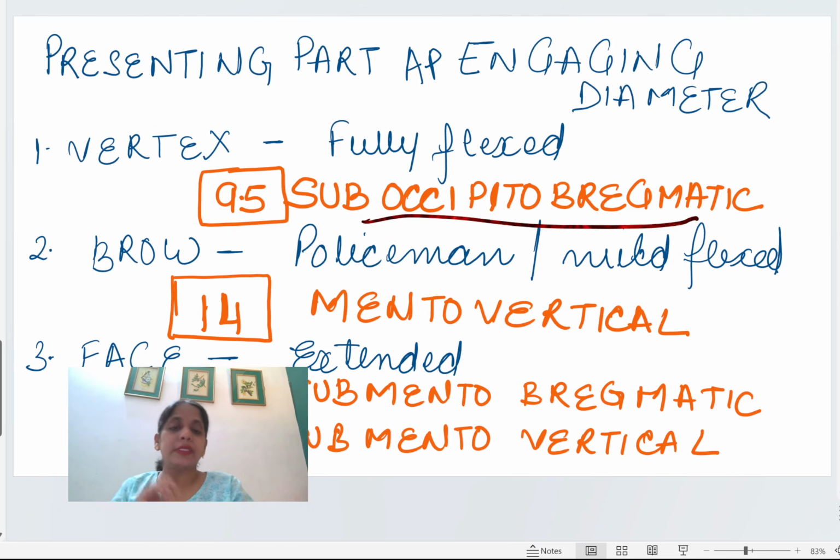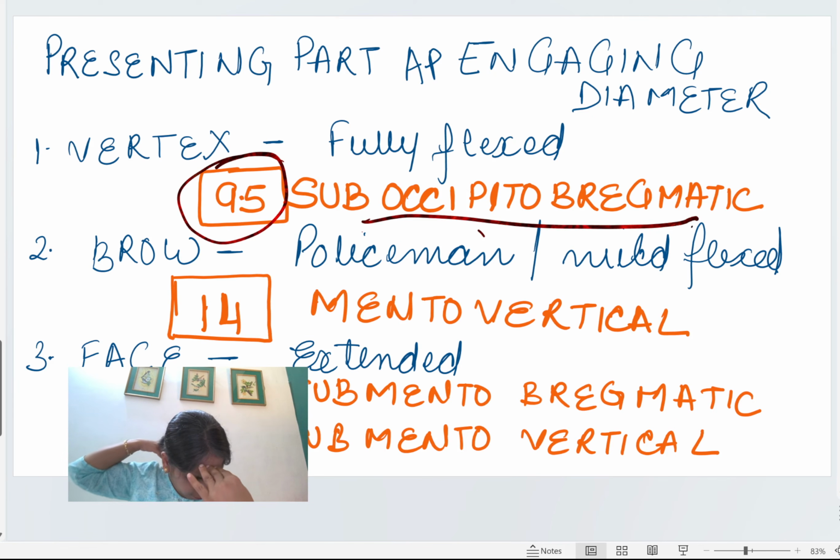Okay, so we will see it here. In the vertex it is suboccipito-bregmatic, which is 9.5. It is very easy. You just flex your hand and see what will be entering. The anterior posterior diameter enters. So this is suboccipito, and make an imaginary line like this, suboccipito to bregma, suboccipito-bregmatic.